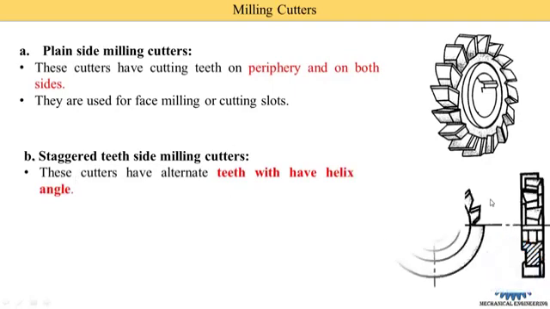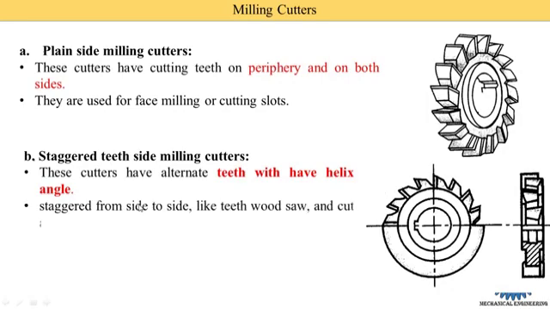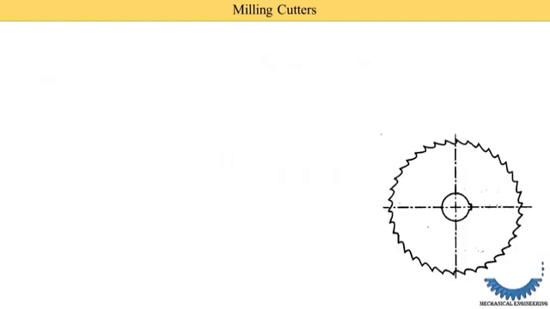Using this image we can understand that the cutting edge is on a different tooth: here is one tooth, then here is another cutting tooth, so it is provided alternately. Suppose on this tooth the cutting edge is provided on this side, then on the next tooth it is provided on the other side. The teeth stagger from side to side and cut alternately, step by step. These types of cutters are mostly used for keyway cutting and slot cutting operations.